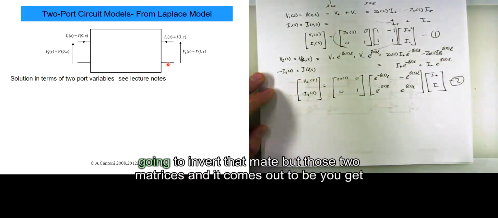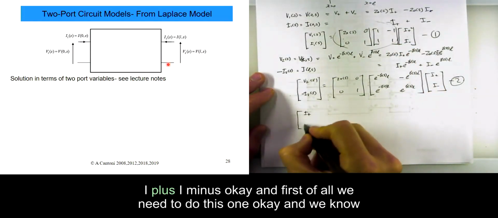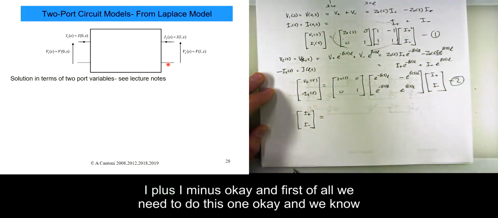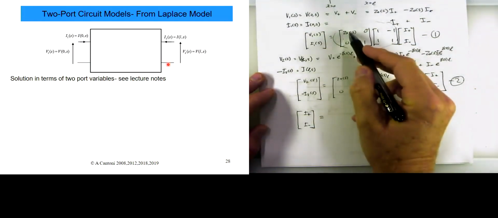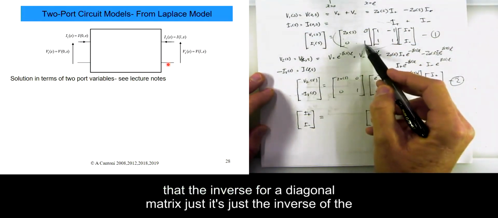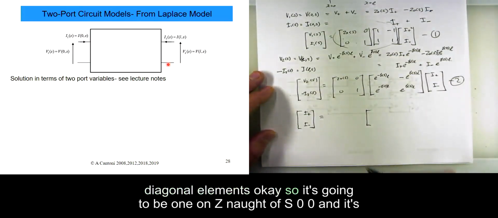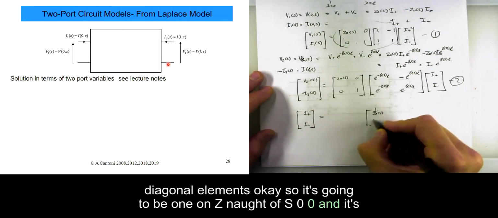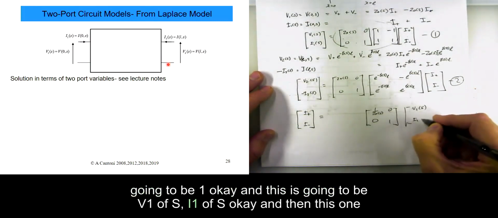So we're going to invert those two matrices, and you get I plus, I minus. First of all we need to do this one, and we know the inverse of a diagonal matrix is just the inverse of the diagonal elements. So it's going to be 1 on Z0 of s, 0, 0, and 1, times V1 of s, I1 of s.